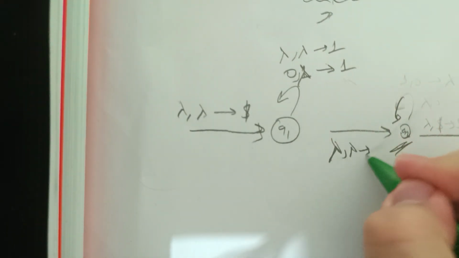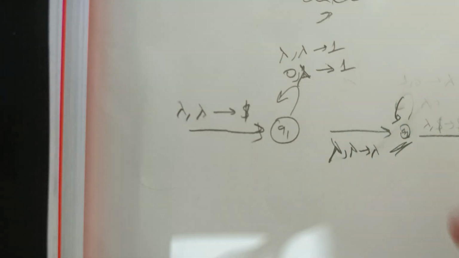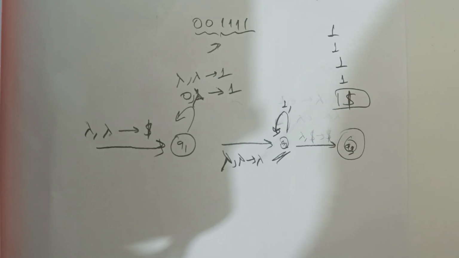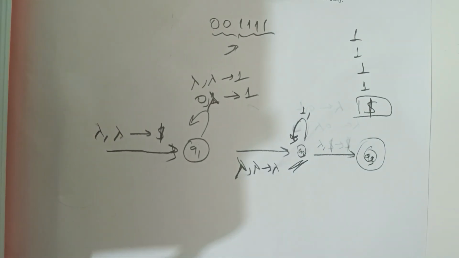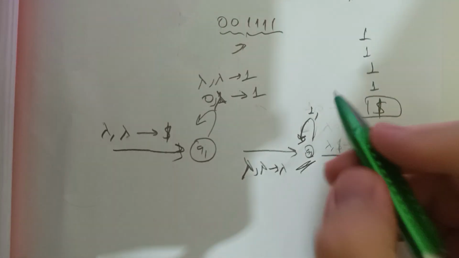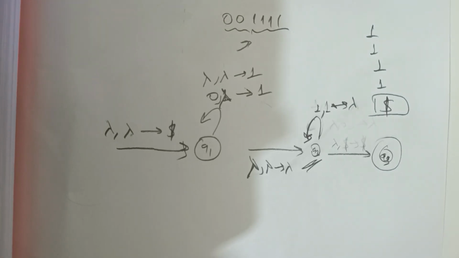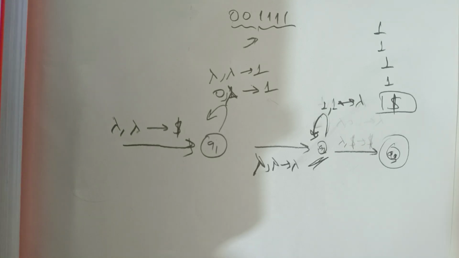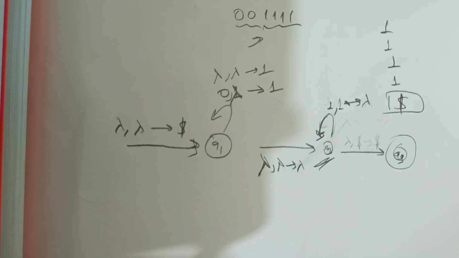So let's think about the Q2 section. Let's do nothing in this part. When we read the 1, we should omit the other 1s, so I will write 1 going to 1 lambda. I am checking the lesson's information right now.